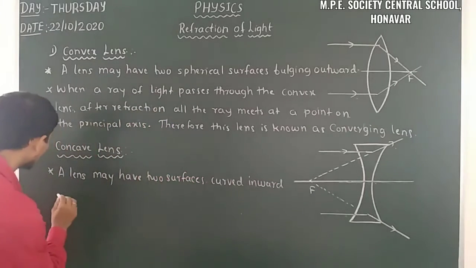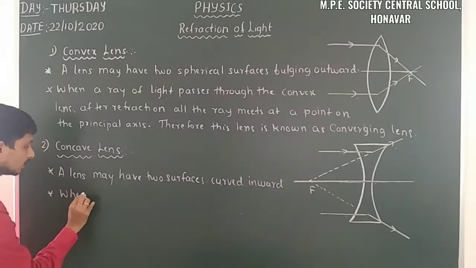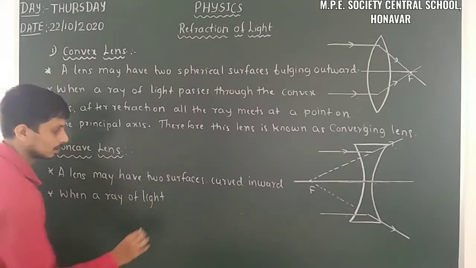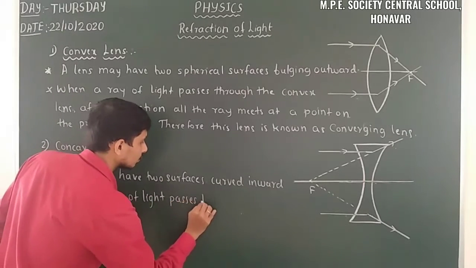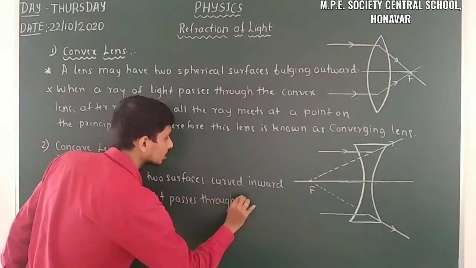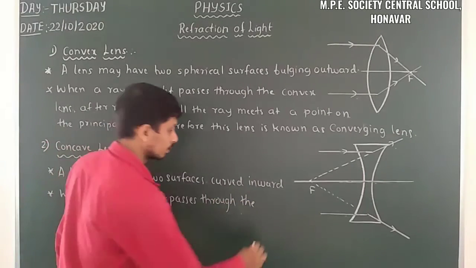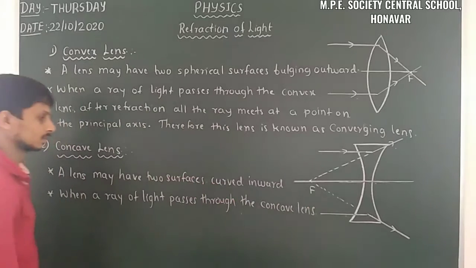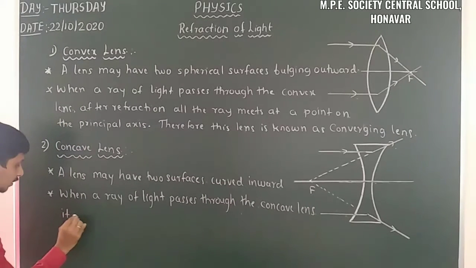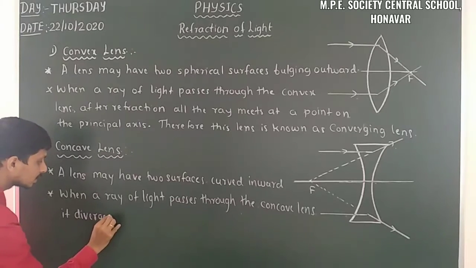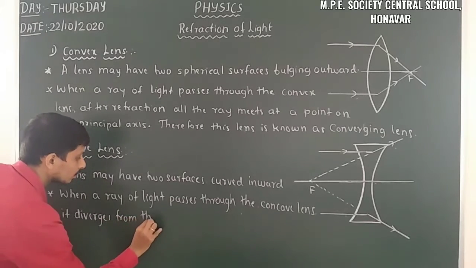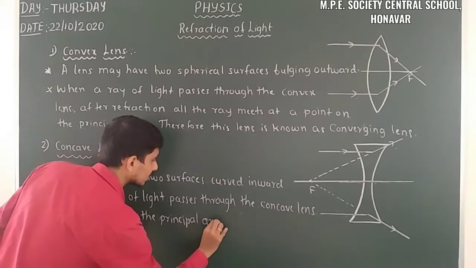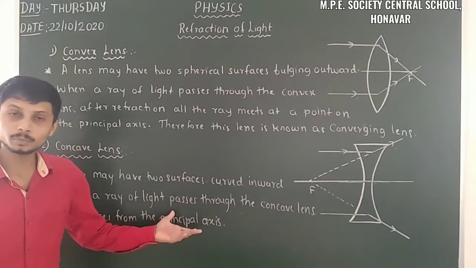So that is, when a ray of light passes through the concave lens, it diverges from the principal axis and it appears to meet at a principal focus.